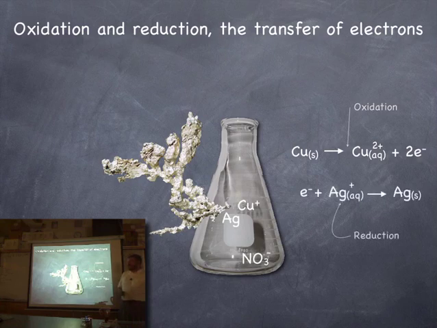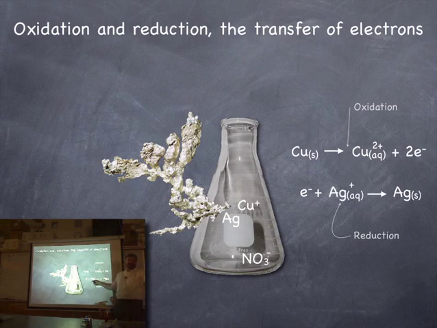Now we have another half to this. We have silver ions grabbing electrons, gaining electrons to form silver metal. We call this reduction. We say the silver is reduced. Oxidation involves the loss of electrons. Reduction involves the gain of electrons.